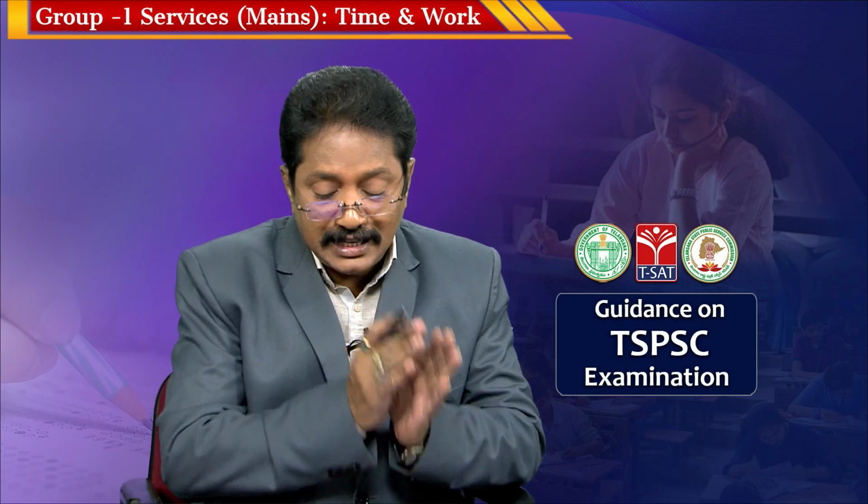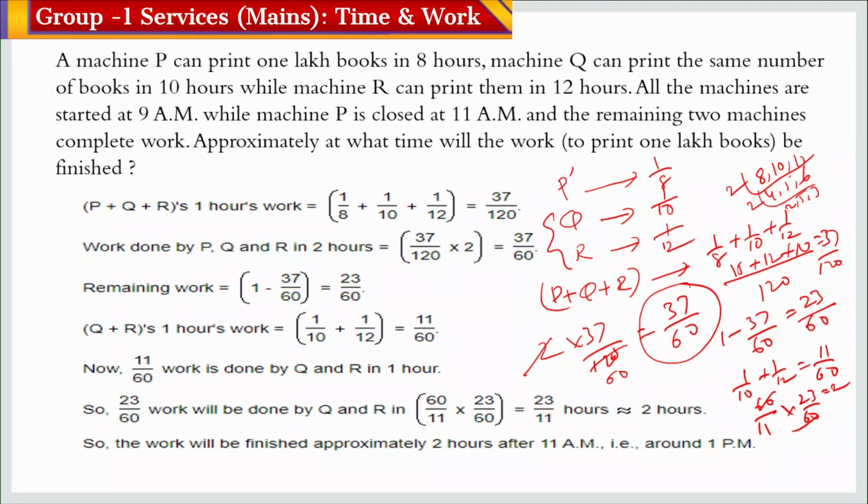From 11 for 2 more hours, 11 to 12 and 12 to 1, Q and R work to print the books and complete the work. So, how much time will it take? When is the work going to be finished? After 2 hours from 11, means 11 plus 2, that is 1. So, at 1 o'clock the work will be completed. In this manner you can calculate the answer.